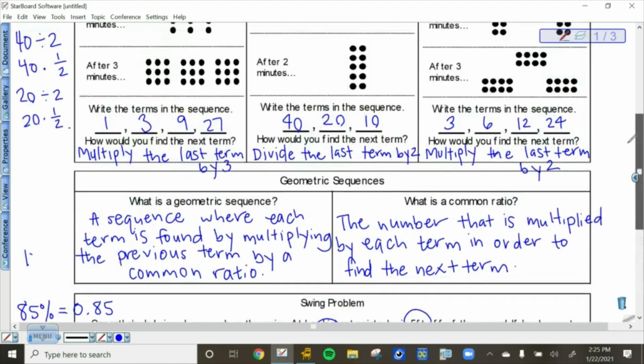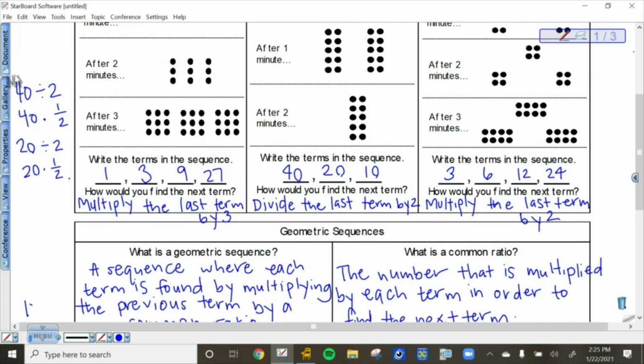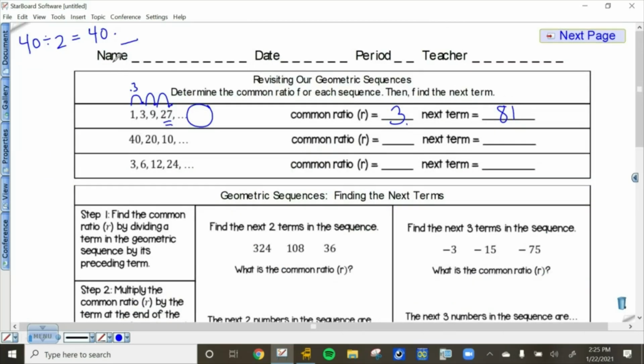Not by 40. Remember this? So what do I have to multiply by for it to be the same thing as dividing by 2? 1/2, 1 over 2. So I multiply this by 1/2.